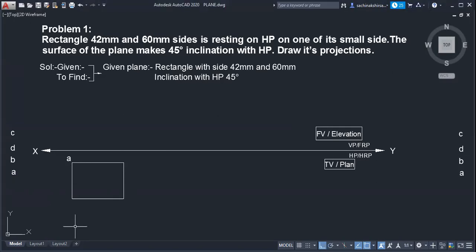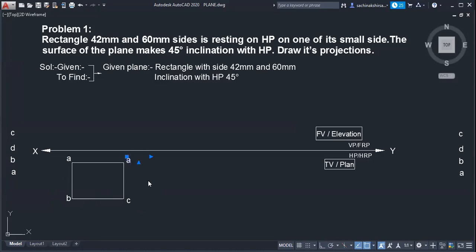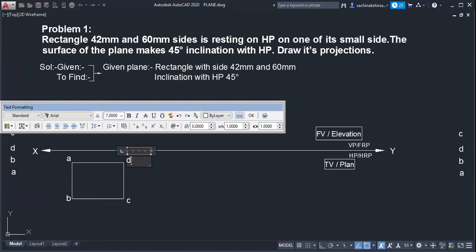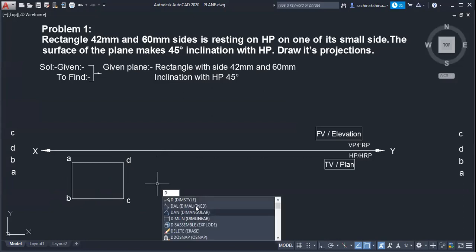Okay, so A, let us give the name ABCD, whatever, to this plane. And again, let us give dimensions to this.